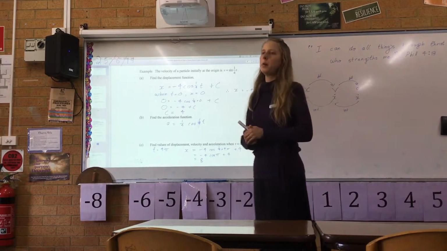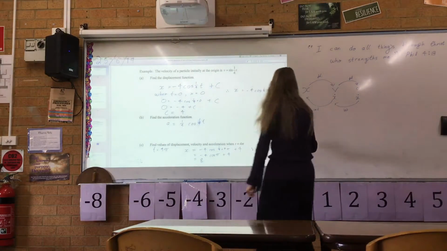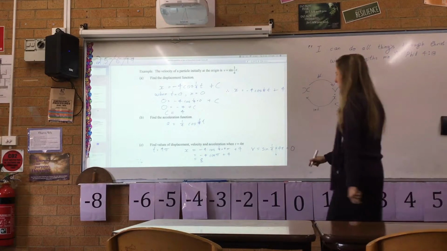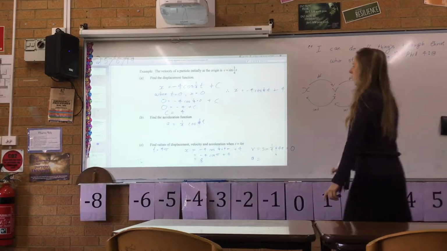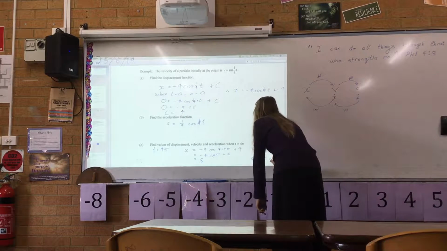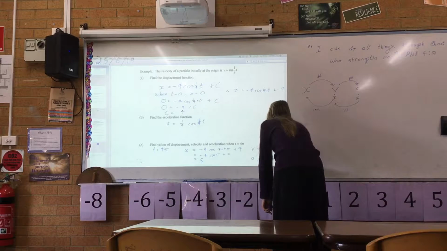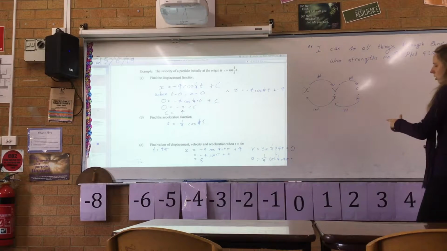What is sine at pi? 0. Thank you. It sure is. The velocity is 0. And acceleration, well, a quarter cos of a quarter times 4 pi. A moment ago we talked about what cos at pi was again.